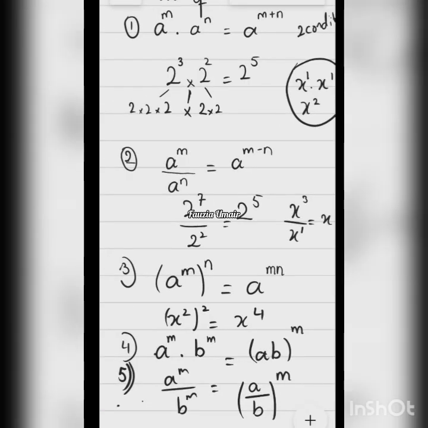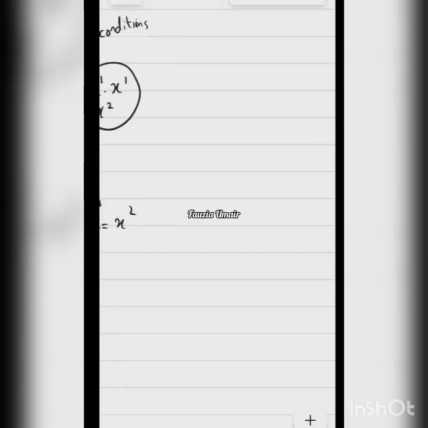So now comes the additional laws, right? Additional laws में sixth law में हमारे पास होता है zero power. What if the power is zero? तो वो क्या करेंगे, let's say x की पावर 0, what is x की पावर 0?